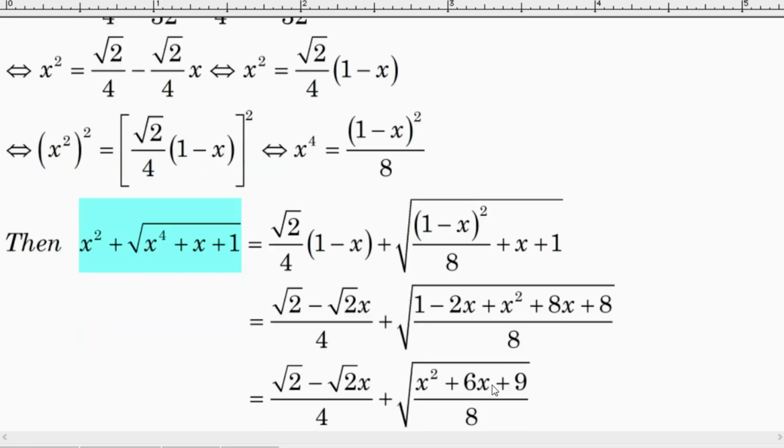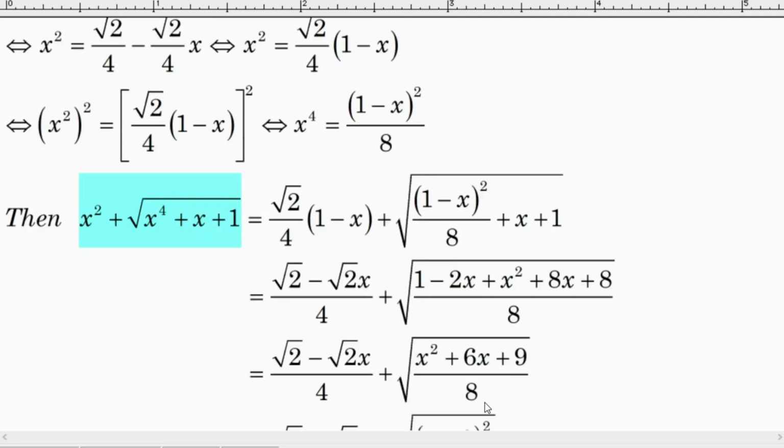Okay, so here we have square root of 2 minus square root of 2x divided by 4, and then here we have 1 plus 8 equal 9, and then 8x minus 2x equal plus 6x. Okay, and then we keep x squared is still the same, so then divide by 8 is still the same.